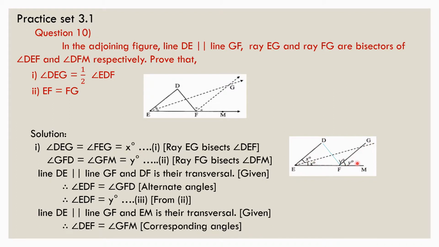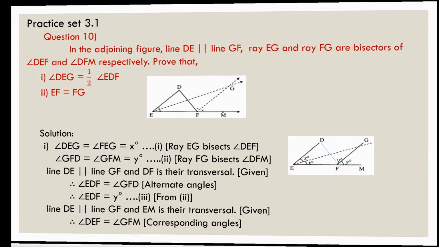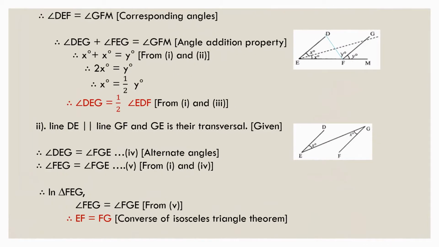Corresponding angles are congruent, that is, corresponding angles are equal. Therefore, angle DEF is equal to angle GFM. The reason is the corresponding angles.